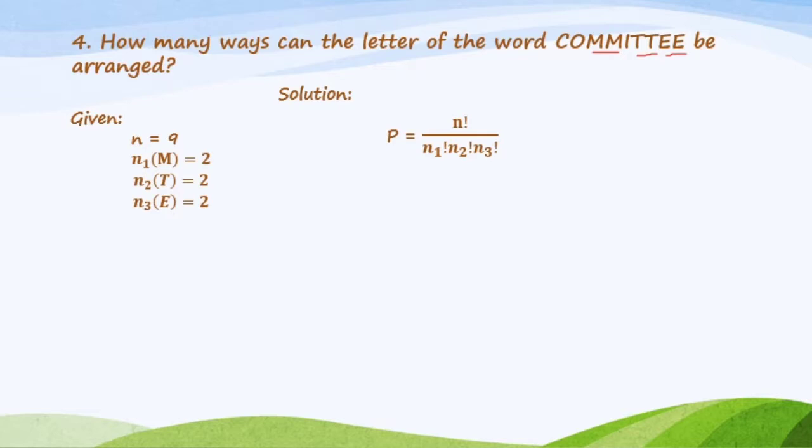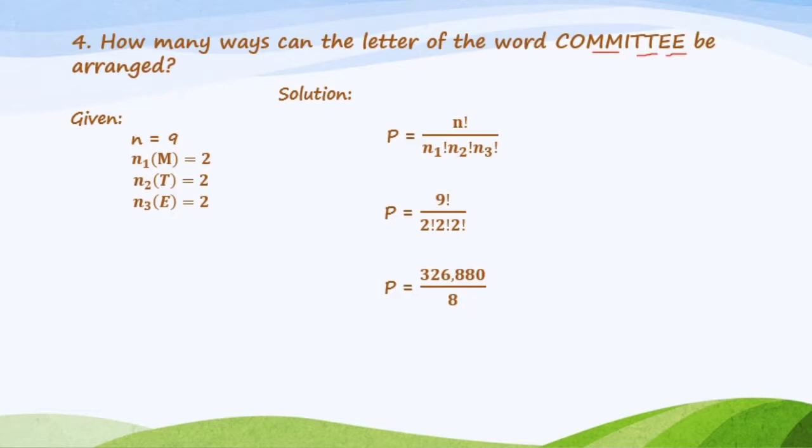Then after that, substitute. So we have P equals 9 factorial divided by 2 factorial times 2 factorial times 2 factorial. And then evaluate and simplify. So we have 9 factorial is 362,880.